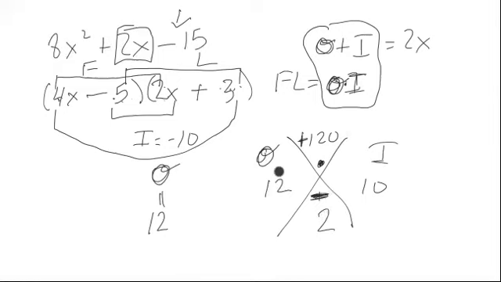Then you say, okay, I need two numbers that multiply to that one, and if this guy is plus, then they add to that, and if it's minus, then they subtract to this guy down here.